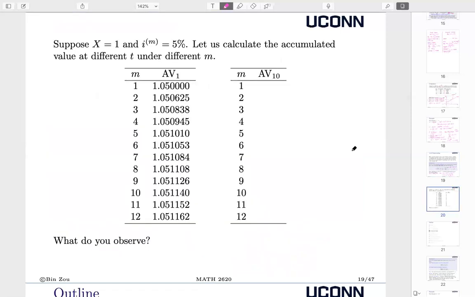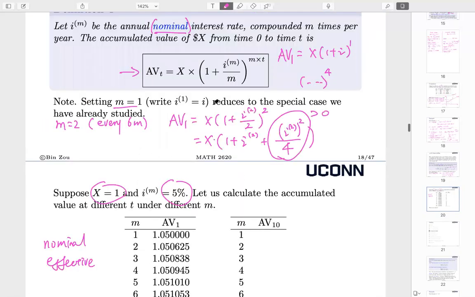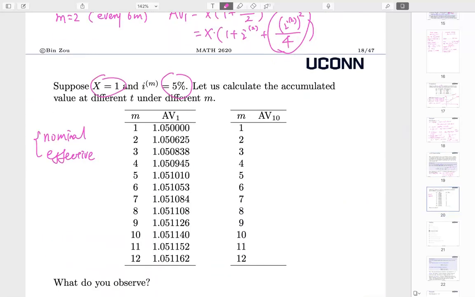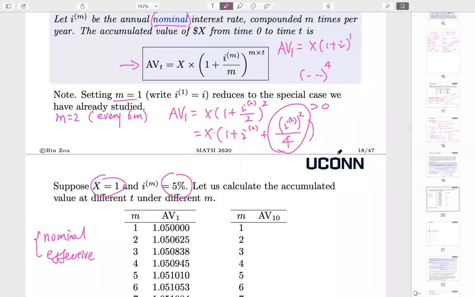To make this more precise, we have this table. We assume i is 1, nominal interest rate is 5%. Let's talk about the difference between nominal and effective. Remember, here we call this a nominal interest rate. What is the effective interest rate using this simple example?